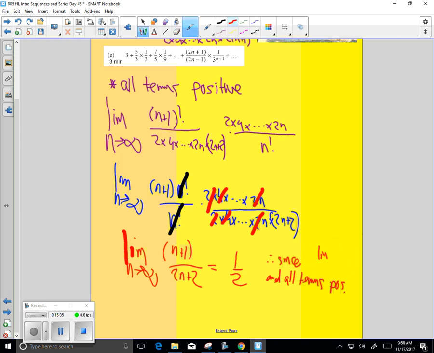The limit as n approaches infinity of a of n plus 1 over a of n is between 1 and 0. There we go. And all terms positive. The series, as ugly as it is, is convergent by the ratio test.